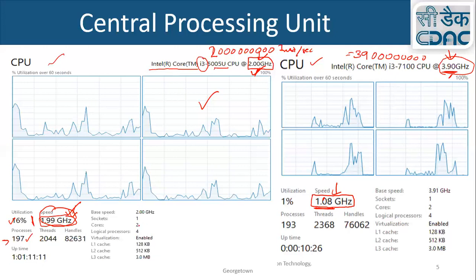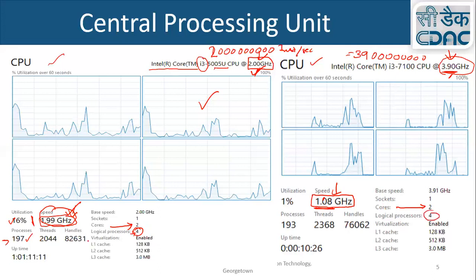Come here. This is the cores, means number of CPUs. Here it's 2, and here again it's 2. But the number of logical processors is 4. Remember this thing.